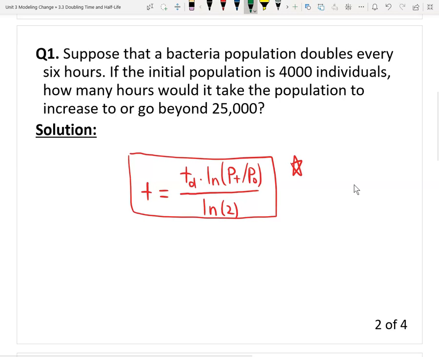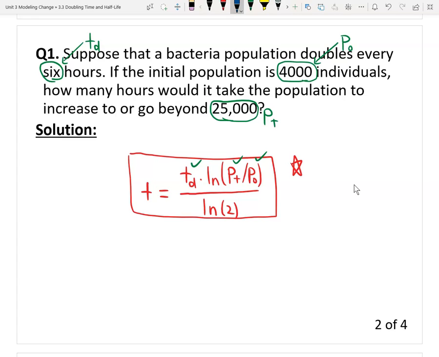First was td, 6 hours, so this is the doubling time. And then 4,000 is the initial population, which is p0. What is the pt? Reaching 25,000, that's pt, the future value. We know everything. Now we plug all the values into the formula.